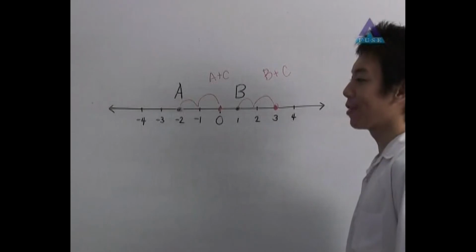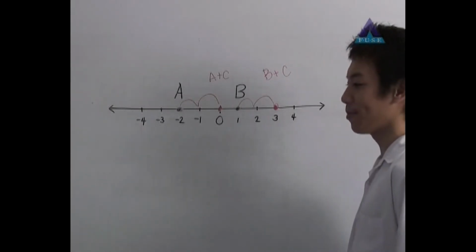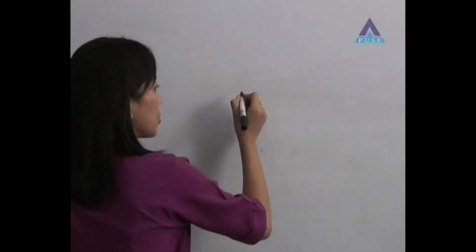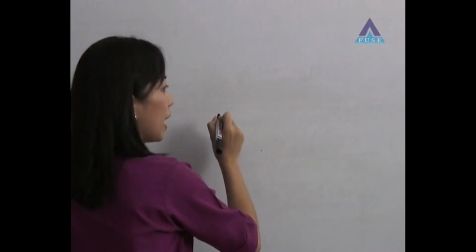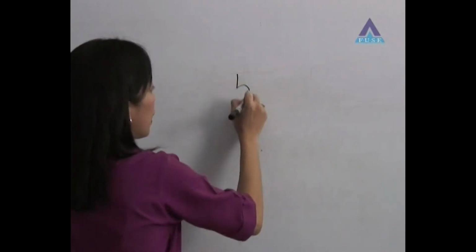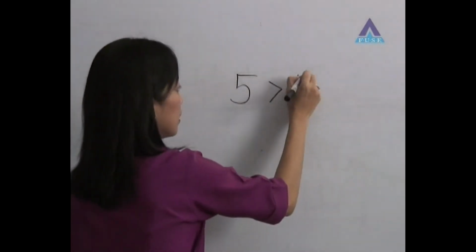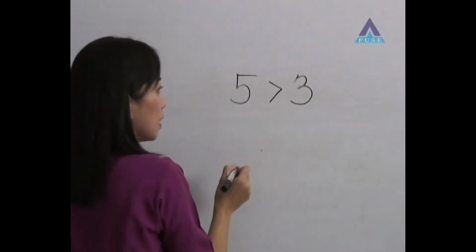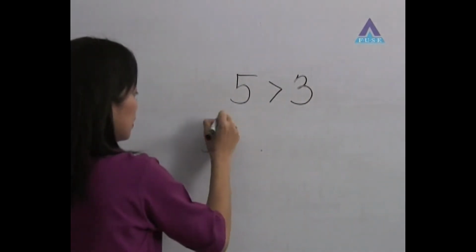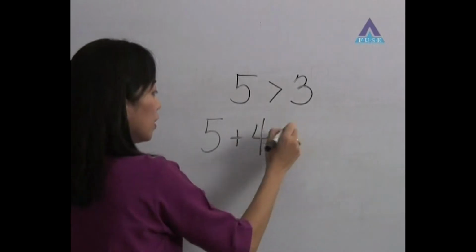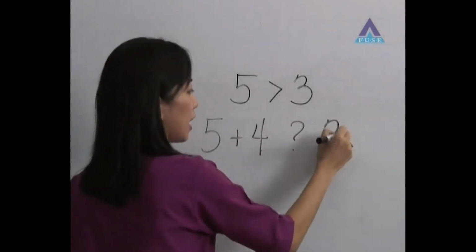Ma'am? Do you mean if we add the same value to an inequality, the order of the inequality will remain the same? What do you think? I'm not sure. Let's try another one. Consider 5 and 3. Note that 5 is greater than 3. Now what will happen if we add 4 to each side?